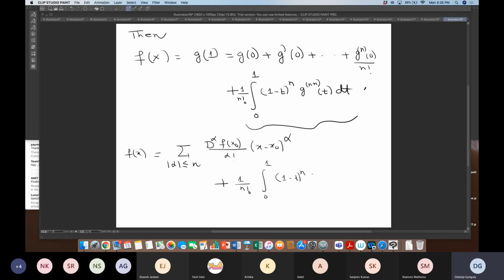If you take g prime, it will be summation over mod alpha equal to n plus 1, mod alpha factorial by alpha factorial, d alpha f of x naught ... into x minus x naught to the power alpha. Please check with multi-index alpha (1, 2) or (2, 0, 1, 1) like this. Please check this.